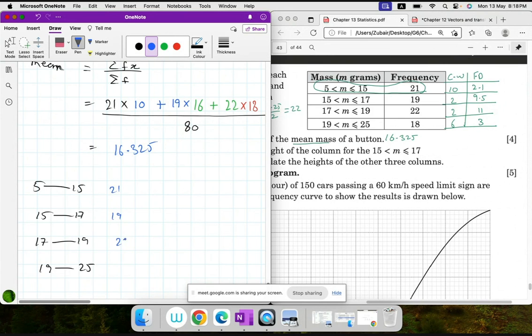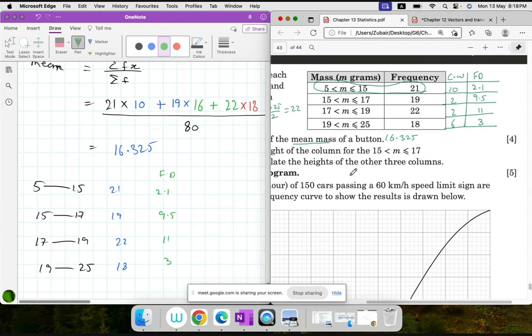Frequencies 21, 19, 22, 18, and frequency density 2.1, 9.5, 11, and 3.